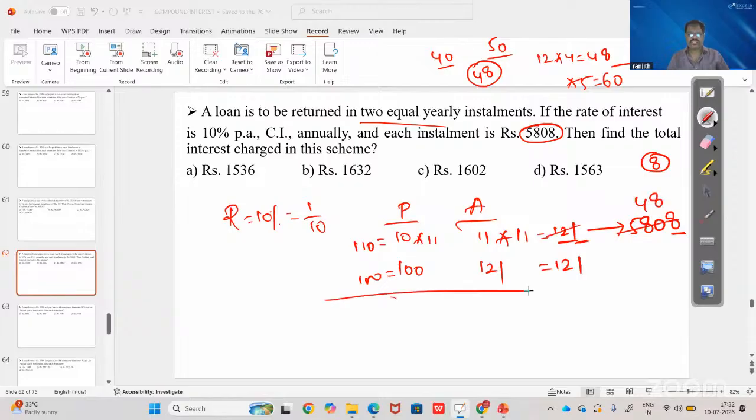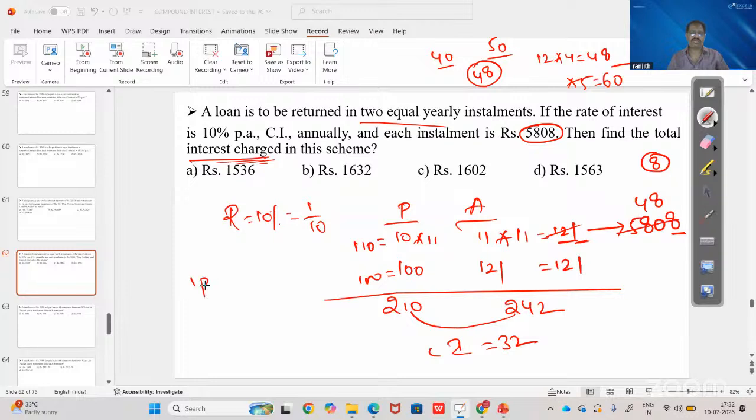So what is the principal we are having? 110 plus 100 equals 210, amount equals 242. How much interest is charged? We need to take the difference between principal and amount, so that is CI. So the difference equals 32, where one part equals 48, we need to multiply 32 parts. 2 eights are 16, so the answer ends with 6.